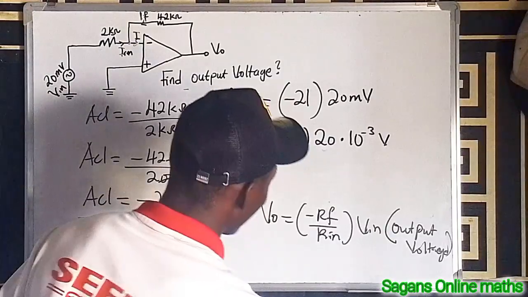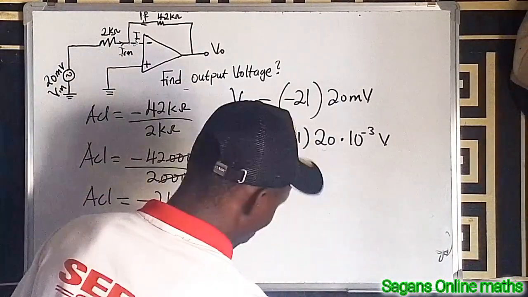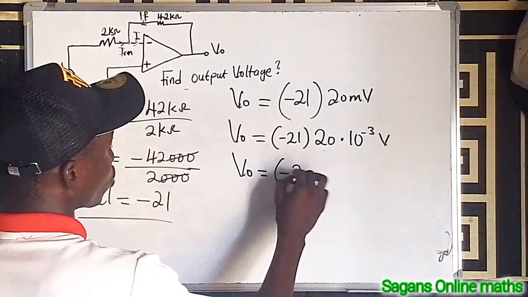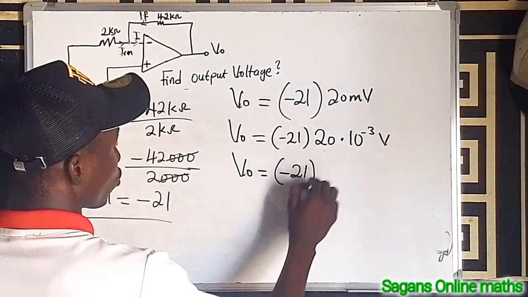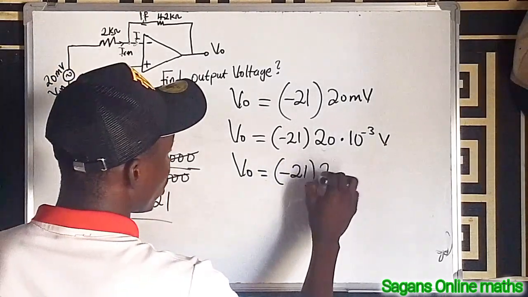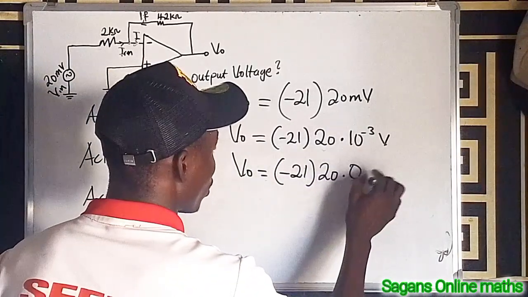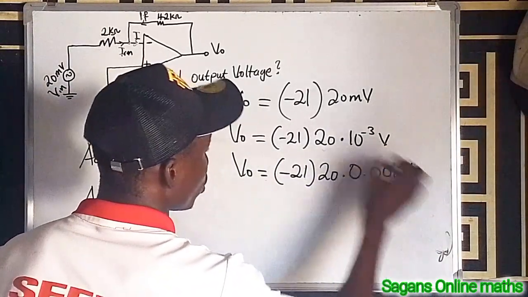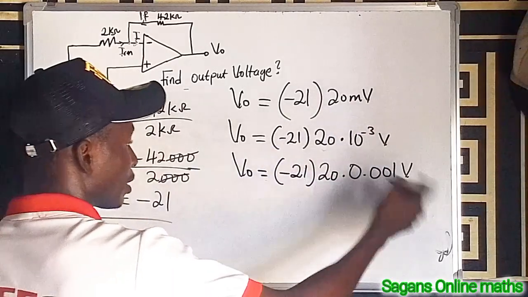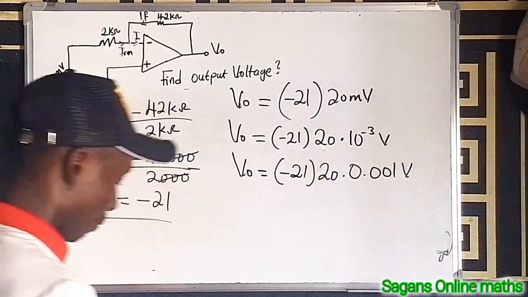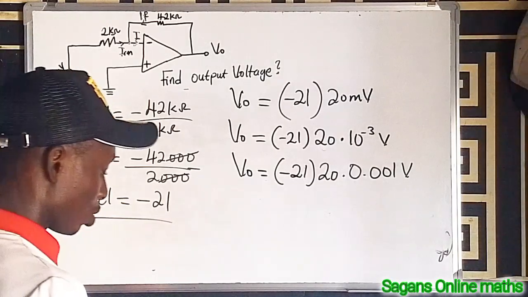Now at this point, what are we going to do? We want to do something very interesting. V_out is equal to minus 21 multiplied by 20 multiplied by 10 to the power minus 3. This can also be seen as 0.001 volt, because if I put in the decimal place, I'm going to see 1, 2, 3. So let me multiply 20 by 0.001.